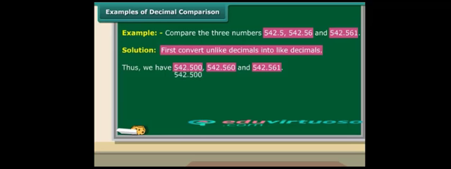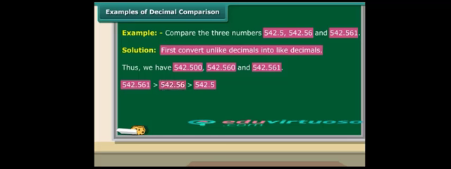Now concentrate on the decimal part alone. The first number represents 500/1000ths, the second number represents 560/1000ths, and the third number represents 561/1000ths. So, 542.561 is greater than 542.5 and 542.56.